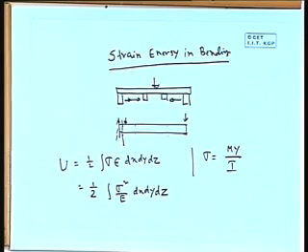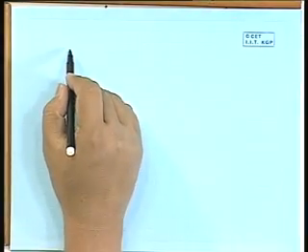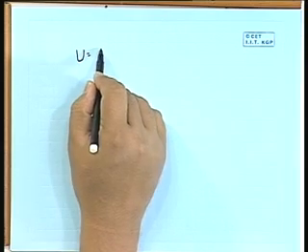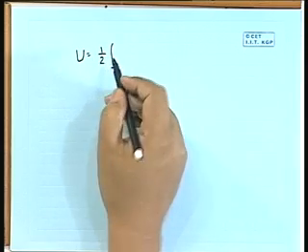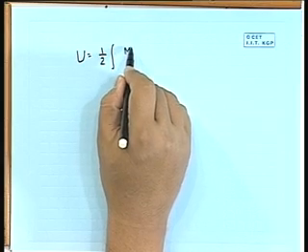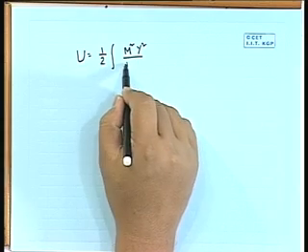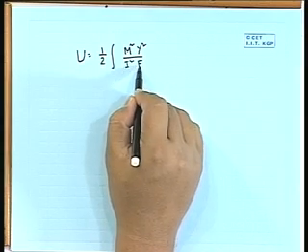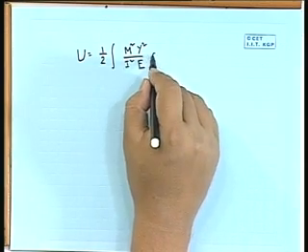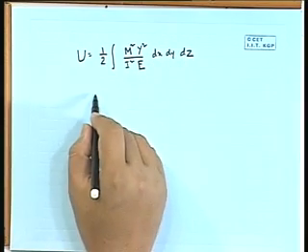Now, here we will put the value of sigma, that is My by I. So, if I go to the next page, we can write U equal to half integral, sigma square, means it will be M square y square over I square, denominator E is there, dx dy dz.